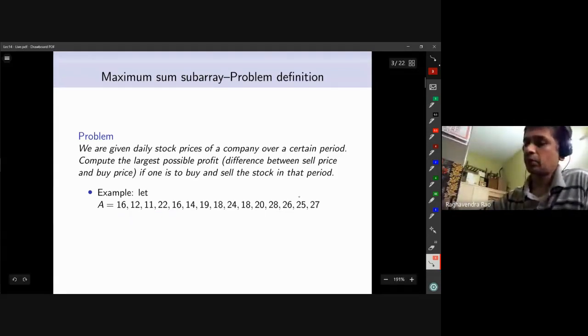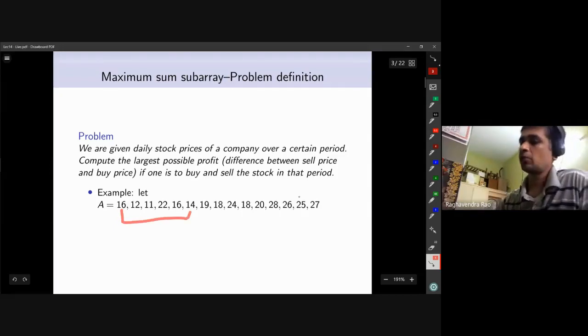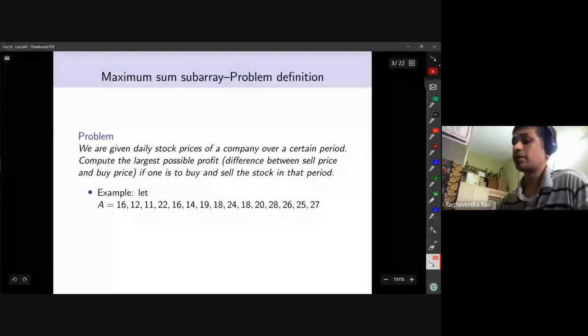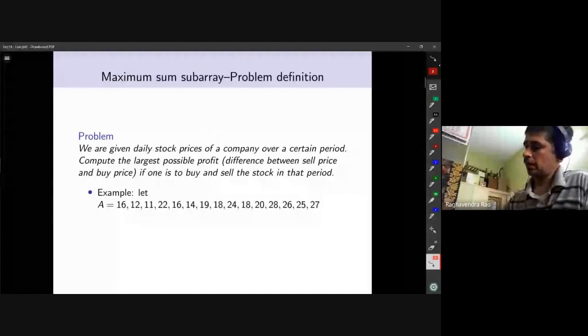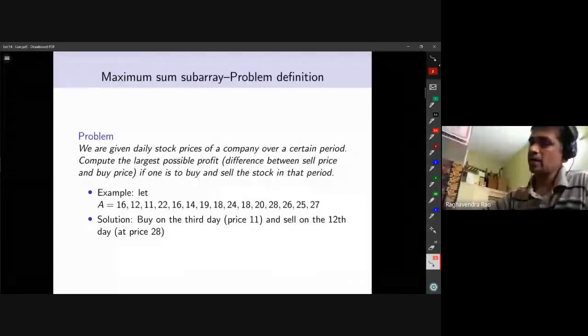But if one were to buy on day 1 and sell on day 6, there will be a 2 rupees loss per share. So our goal is to find i and j such that the difference aj minus ai is maximum.